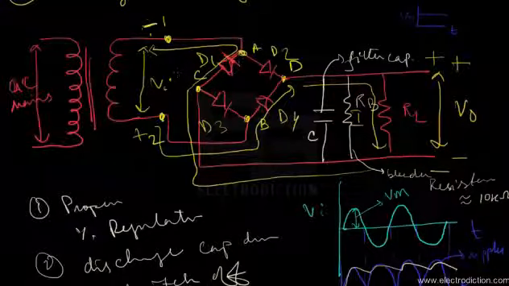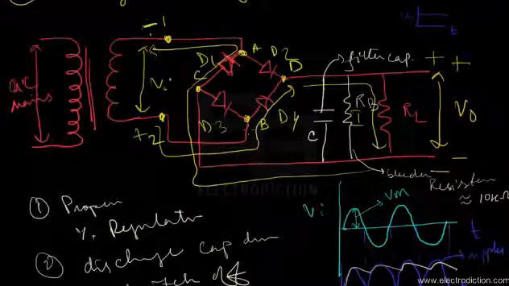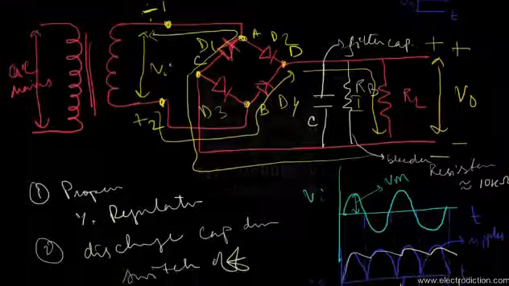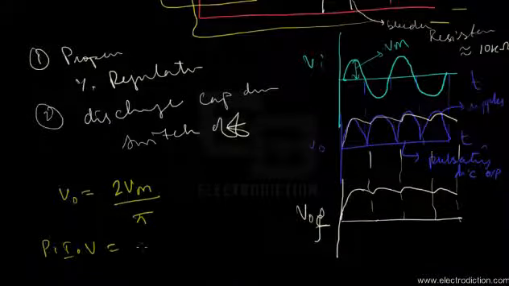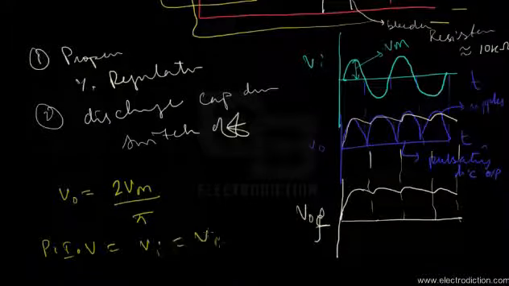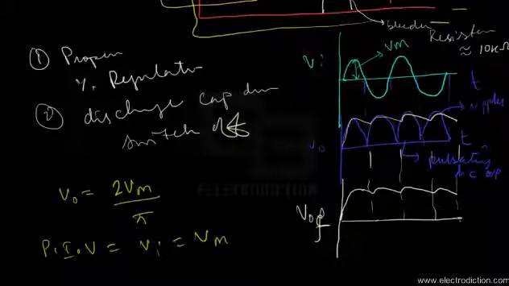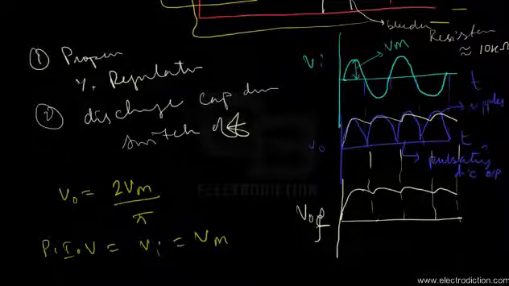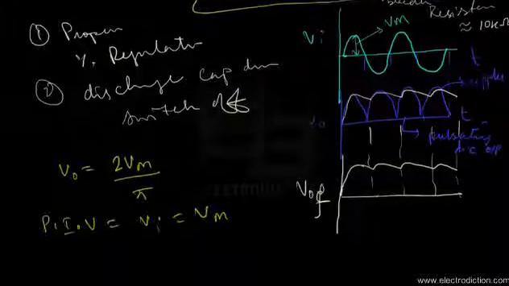For each half cycle this peak voltage appears across terminals 1 and 2 of the transformer secondary, so the reverse biased diodes experience the peak input voltage of the AC. This Vm available across the transformer secondary is the peak value of the input AC voltage. That's the peak inverse voltage across each diode during the non-conducting phase, whenever they are reverse biased.